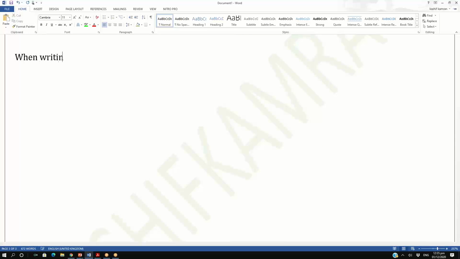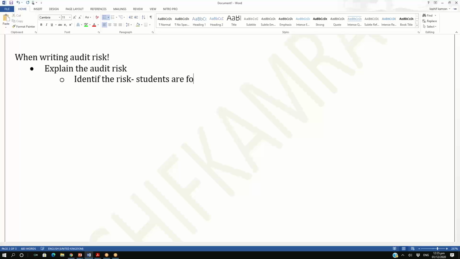When the examiner says explain the audit risk, first you identify the audit risk, which I believe students are good at. They will pick the risk, definitely. But that will give you 0.5 marks. Then you have another 0.5 marks where you need to explain the audit risk.